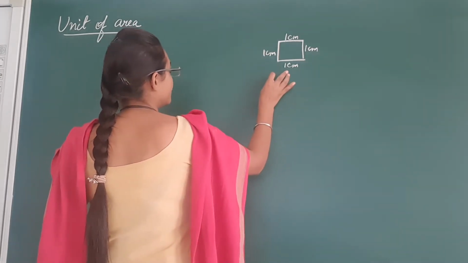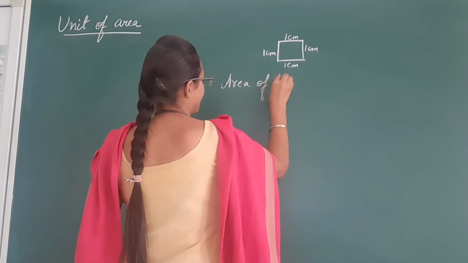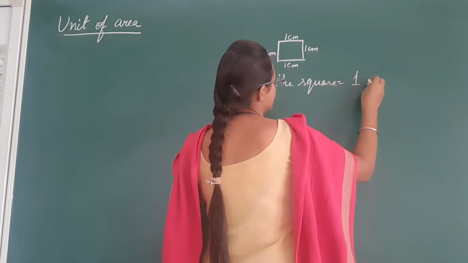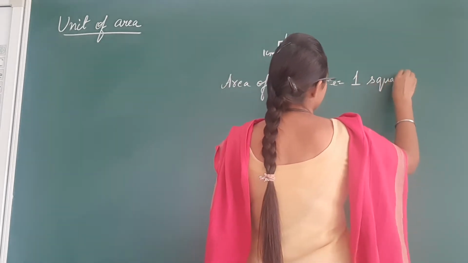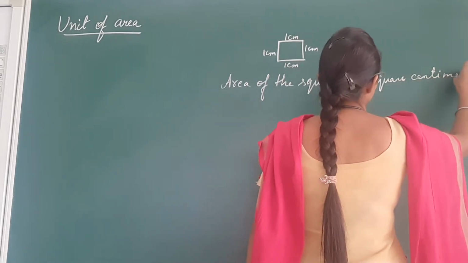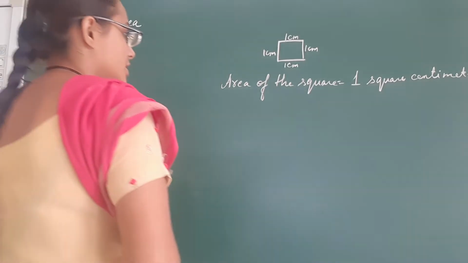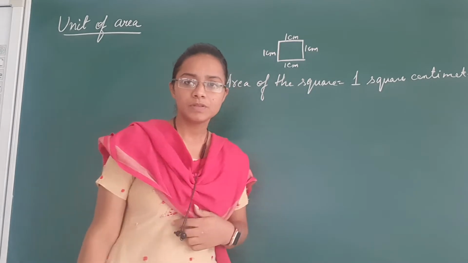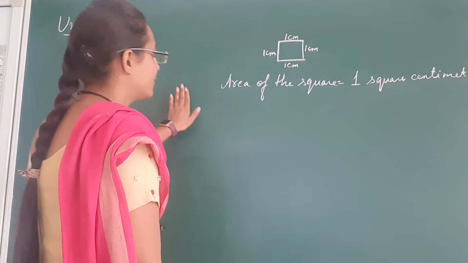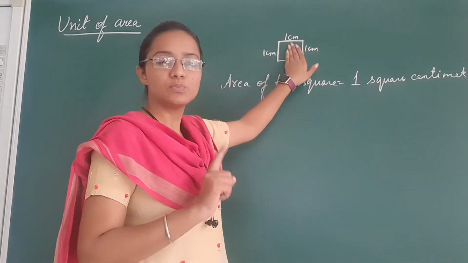Okay. The area of the square will be said to be 1 square centimeter. As we have seen in the previous example of farmer Ramdeen, there we took tiles of square whose side is 1 centimeter.